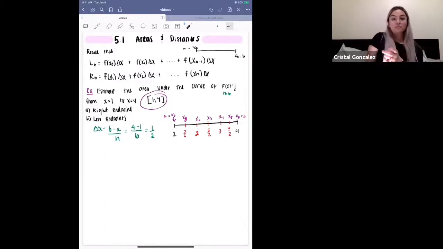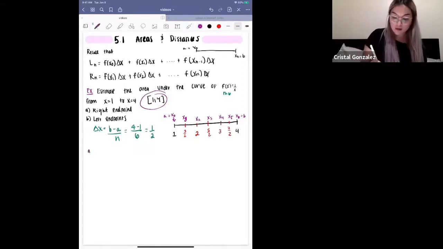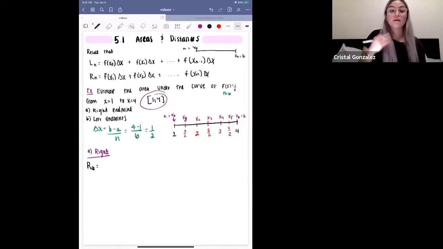Okay, so if we're doing A, which is to find the right endpoints, we're going to label that as R of 6, because we have 6 sub-intervals. That's our n value. So if we do our right endpoints here, we're starting off at f of x1. Here our f of x1 is 3 over 2.